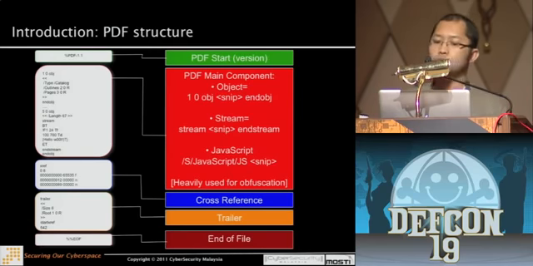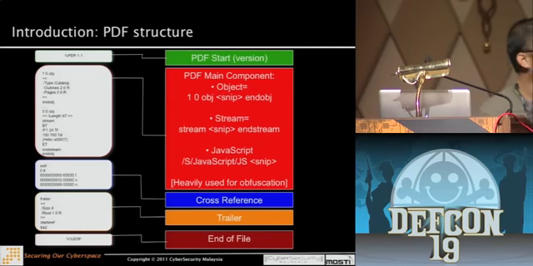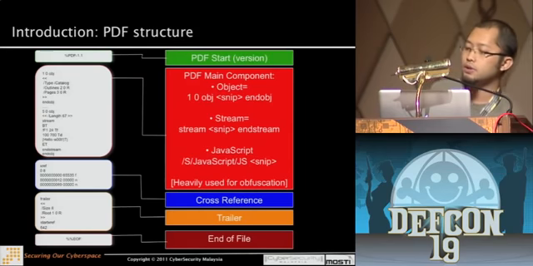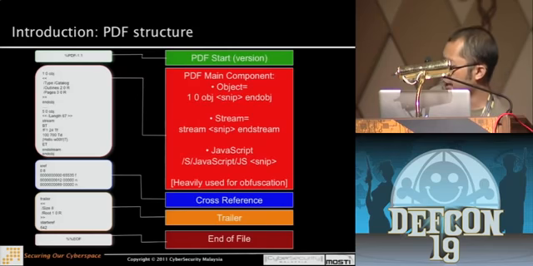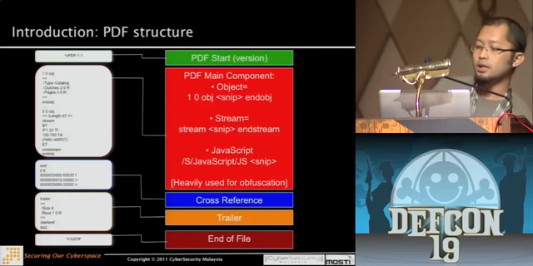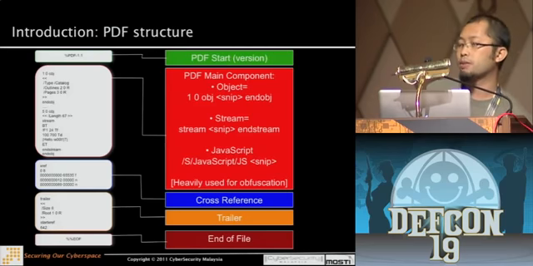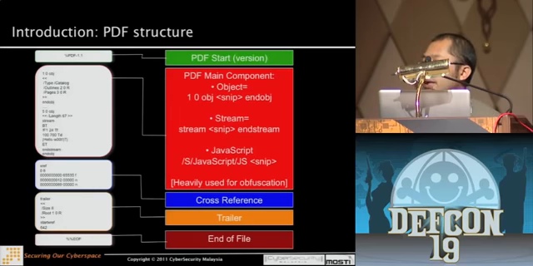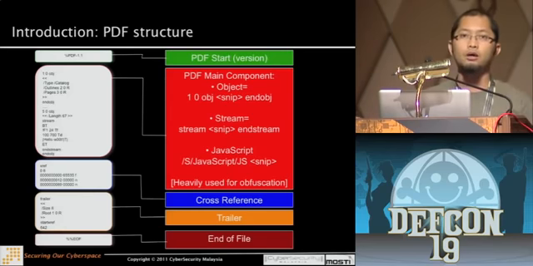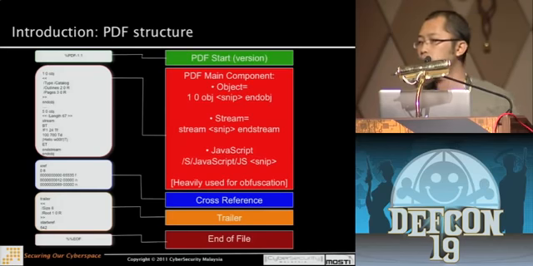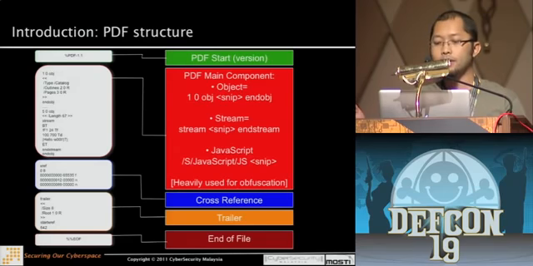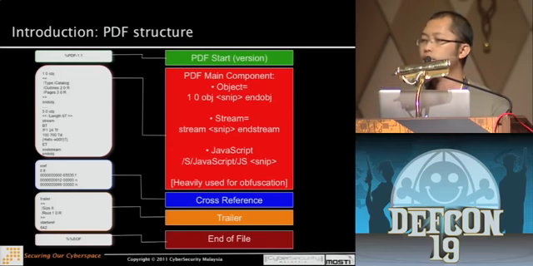The first one, the green color box, is the PDF version. Normally you have something like percent, then PDF, and then the version number. One of the components that can be used to fool a couple of PDF analyzer tools is playing around with the header of the PDF.